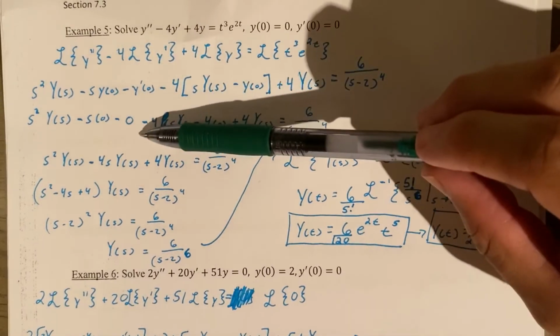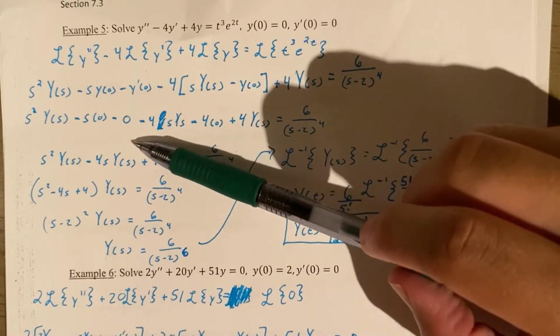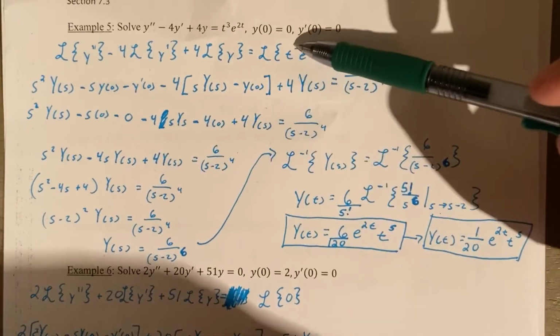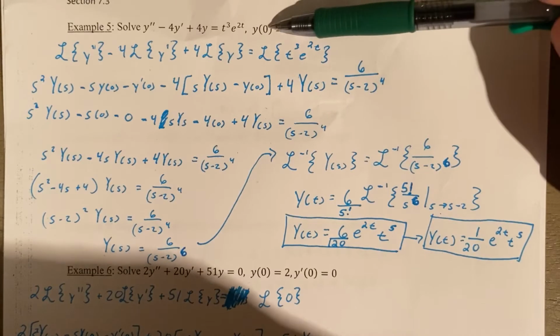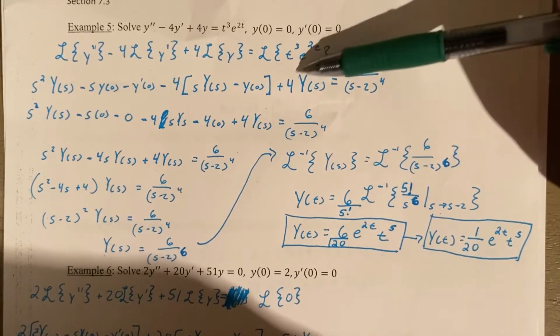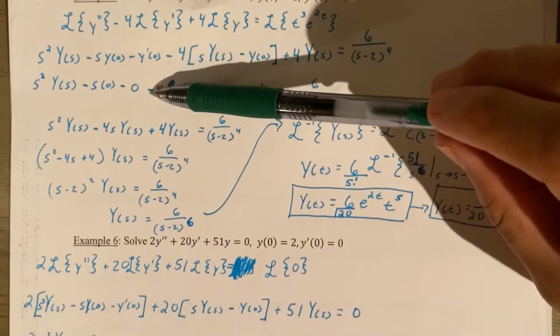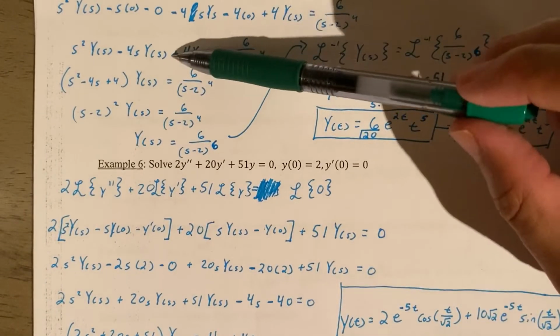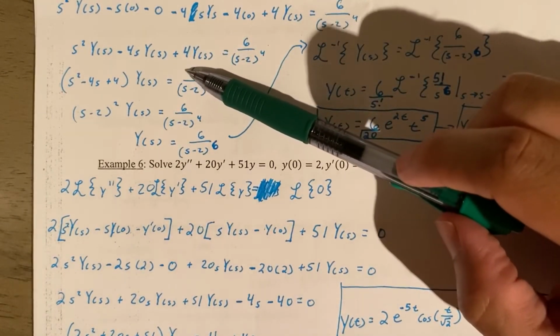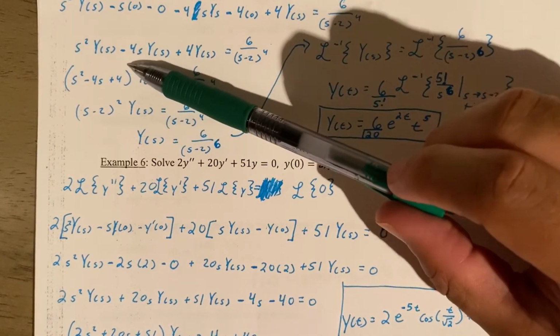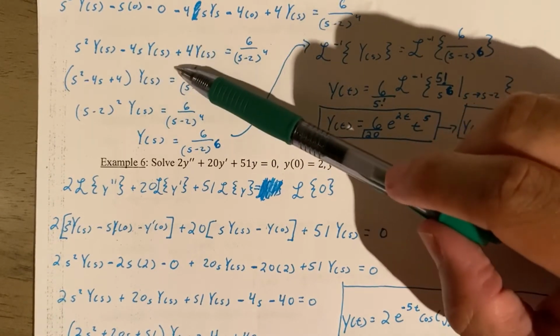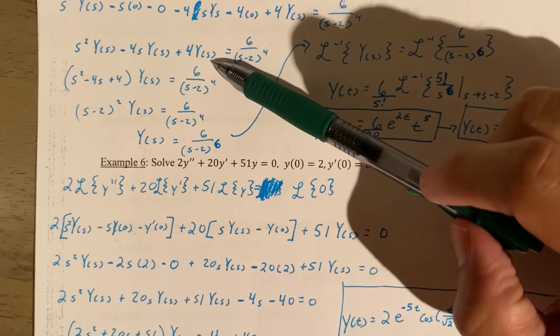Now, on the left-hand side, we substitute in our initial values, y of 0 is 0, y prime of 0 is 0. Those are just 0, so a few things cancel out. On the left-hand side, we're just left with s squared times cap Y of s minus 4s times cap Y of s plus 4 times cap Y of s.